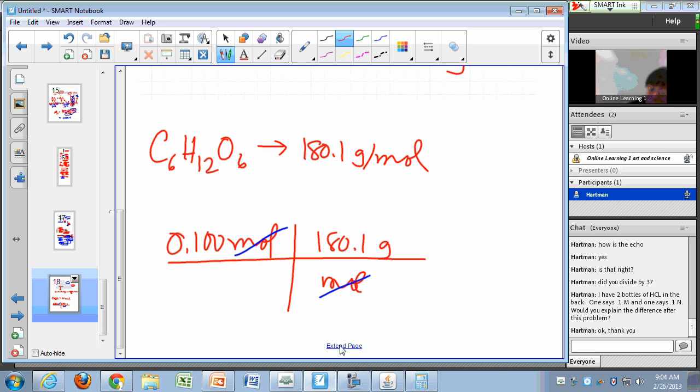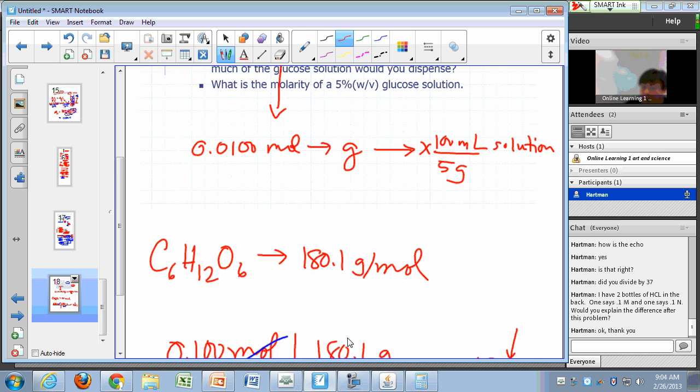That gives us 18.01 grams, 4 sig figs. So first step, convert moles to grams. You figure out you're going to need 18.01 grams.